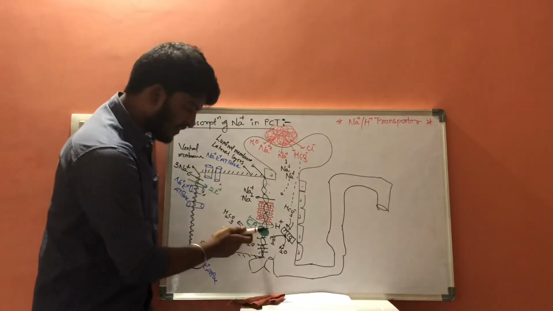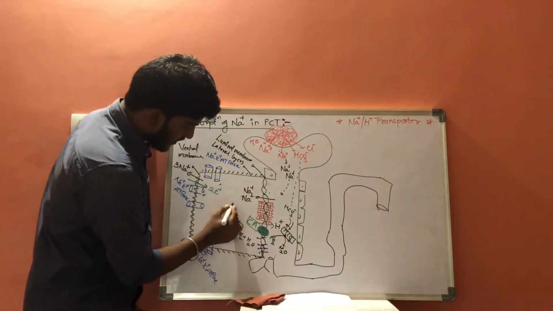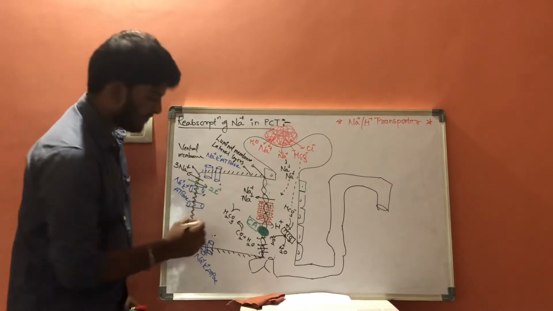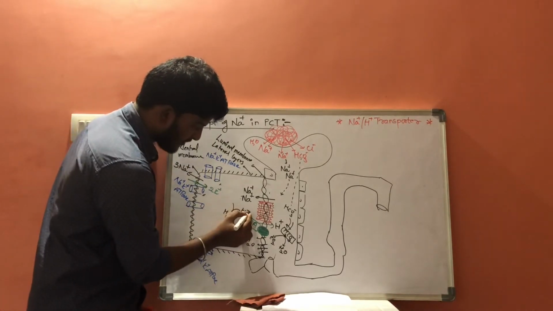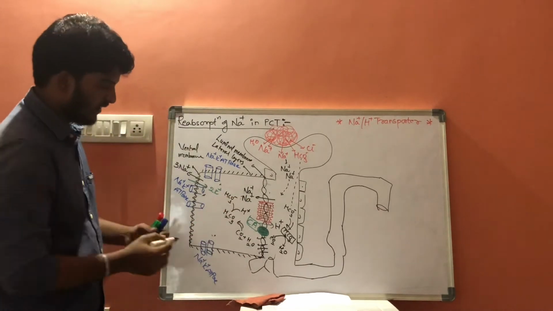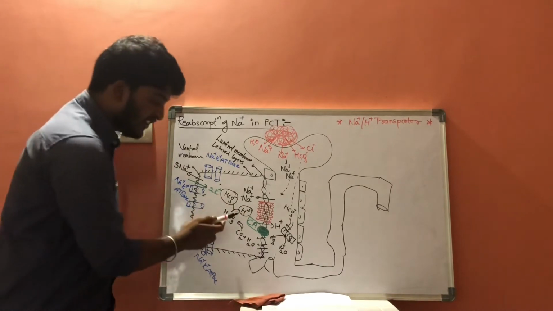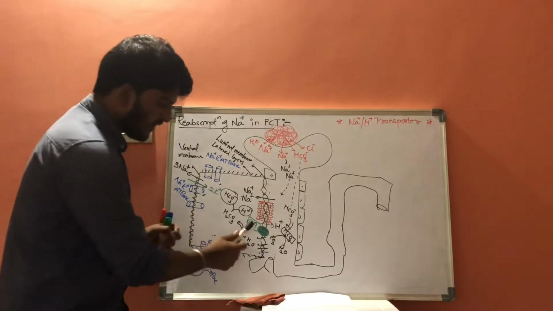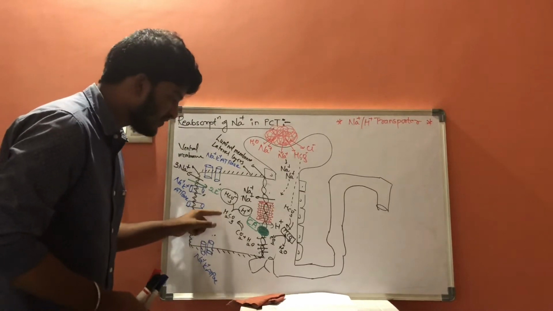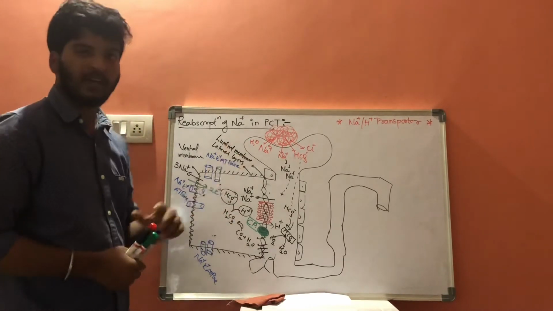With the help of this carbonic anhydrase present in the cytoplasm, these H2CO3 will be cleaved into H plus and HCO3 minus. So in this manner, H2CO3 is cleaved into two compounds: H plus, that is the proton, and HCO3 minus, that is bicarbonate.